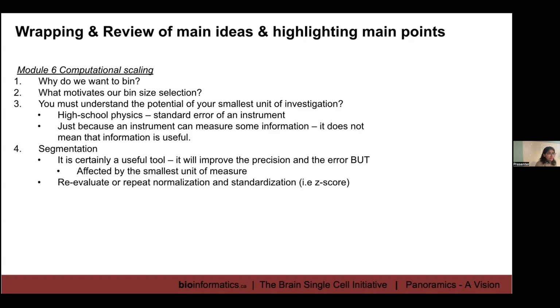If you aggregate your bins, always remember that if you just aggregate them and you want to do single cell, then you will suffer from mixed cell signals. But if you want to do broad domain specifications, then it's fine. If you want to do very granular single cell subtyping, I think it's worth trying segmentation, but also know that it is limited by the nature of your cells and the potential of your smallest unit of investigation.